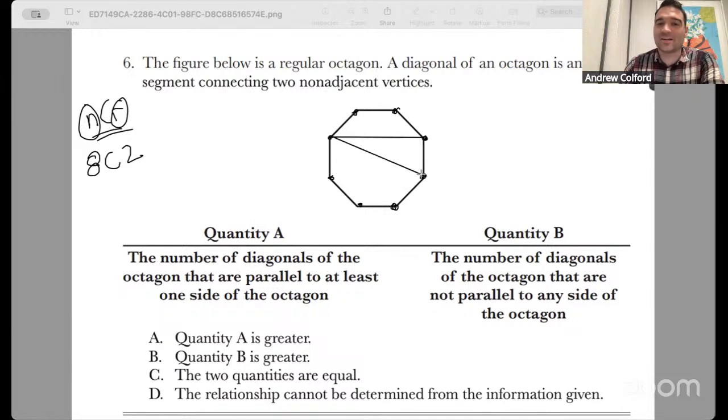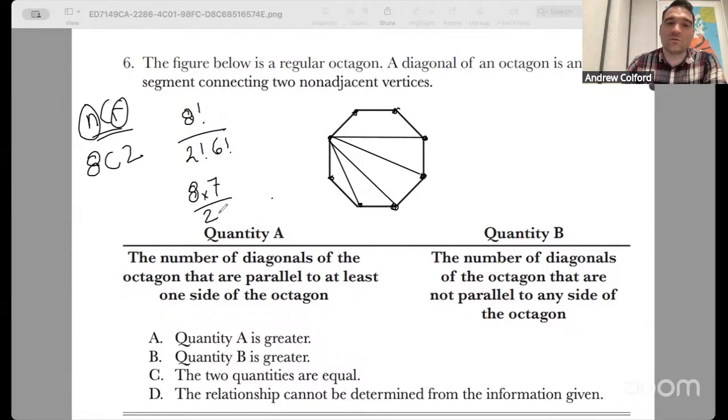Like that's a handshake, that's a handshake, that's a handshake, et cetera. So if I want to calculate all the different ways these 8 people can shake hands, it's 8 choose 2, which is 8 factorial over 2 factorial times 6 factorial. Again, if you're not familiar with this formula, we're introducing it right now. And then this can cancel down to 8 times 7 over 2, right?